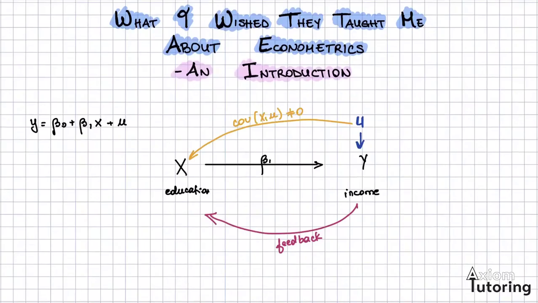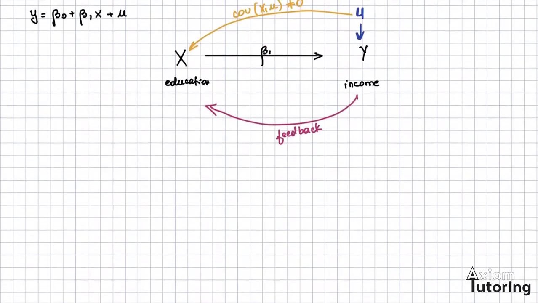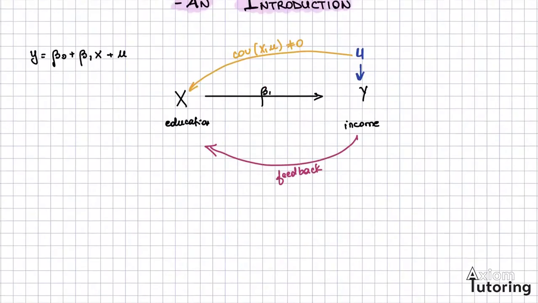If Y affects X and U affects Y, what that means is that U indirectly affects X through Y. So let us write that down, because this particular loop that I just described is at the basis of the solution that we have come up with for reverse causality, okay?